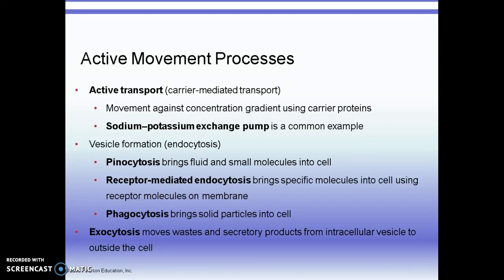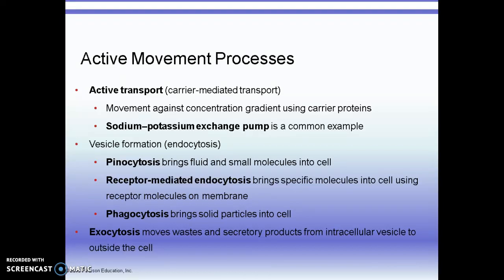Well, the cells do not like this, so they want to pump it out. And so there's an exchange here. The cells require more potassium, so they're pumping in potassium as they pump out the sodium. So our cells, with this sodium-potassium pump, take in 2 potassium for every 3 sodium they pump out. And this requires ATP.